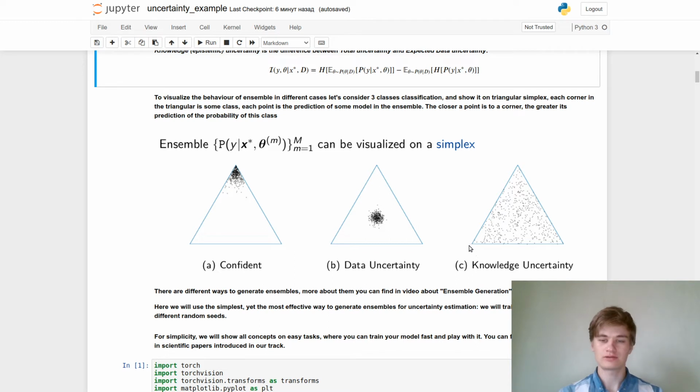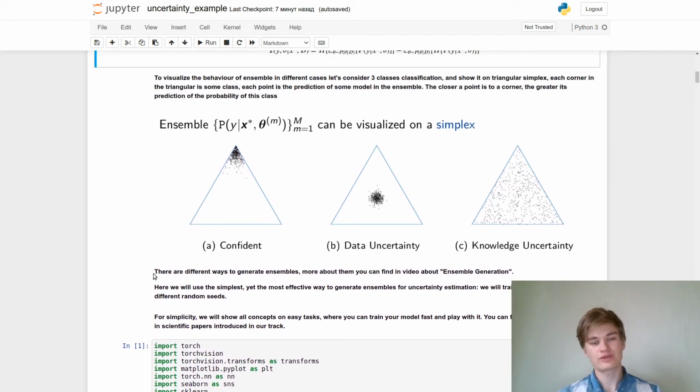And here we have the knowledge uncertainty case, where our models are distributed uniformly over the simplex, so the predictions are totally random. This means that the models and the whole ensemble haven't got information about this input, and they don't know what to do, and they do some random stuff.